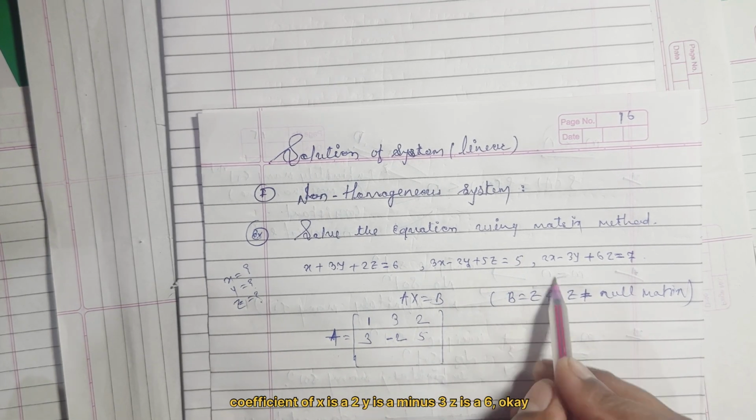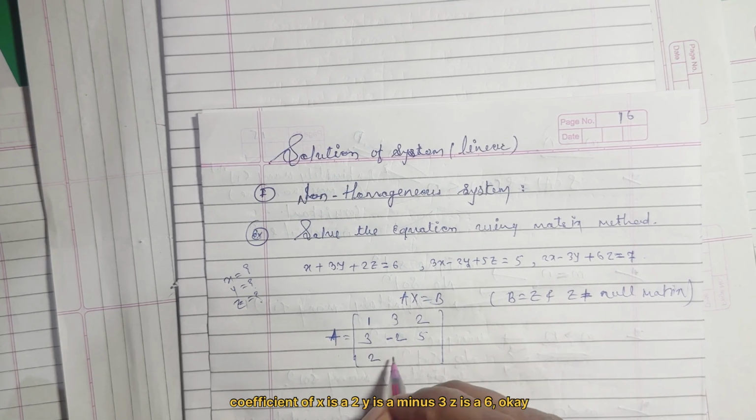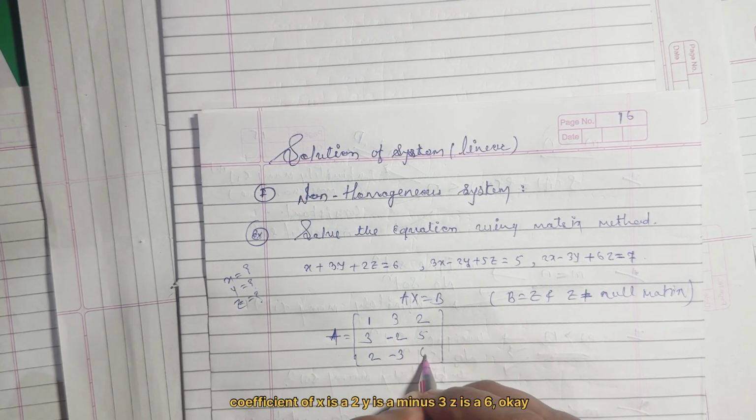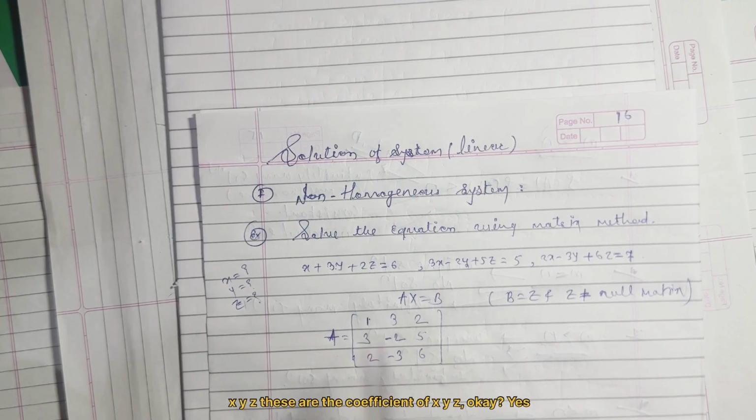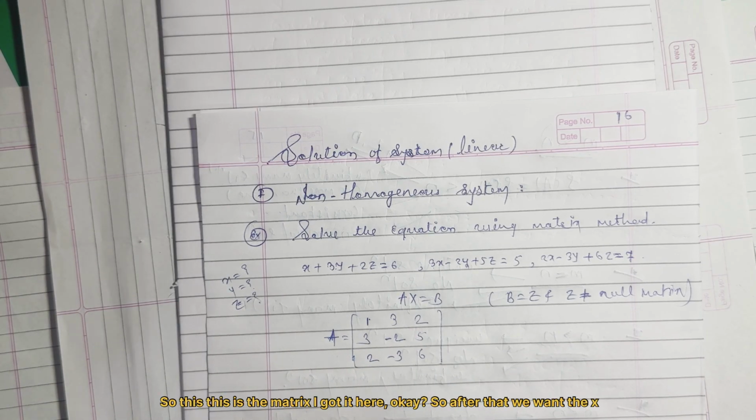The coefficients of x, y, z in the first equation are 1, 3, 2. In the second, they are 3, -2, 5. In the third, they are 2, -3, 6. So this is the matrix I got here.